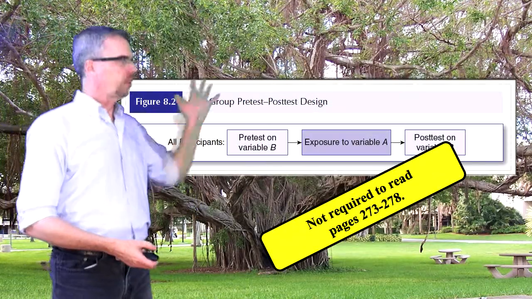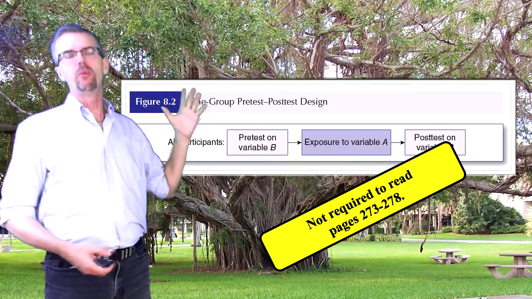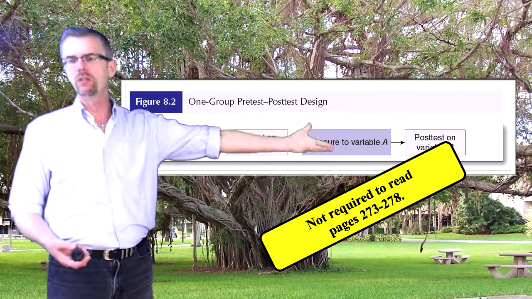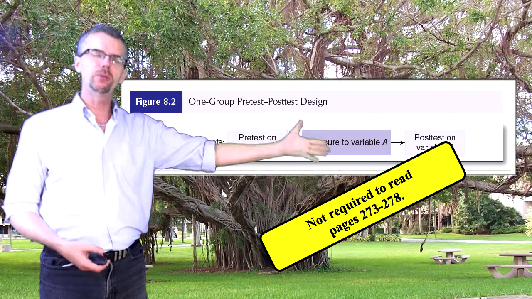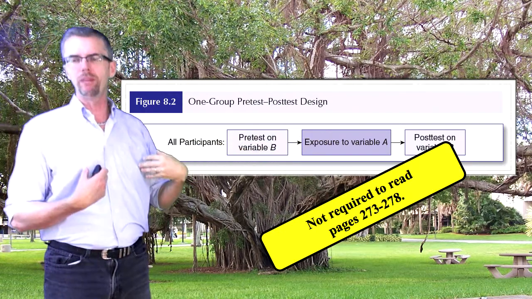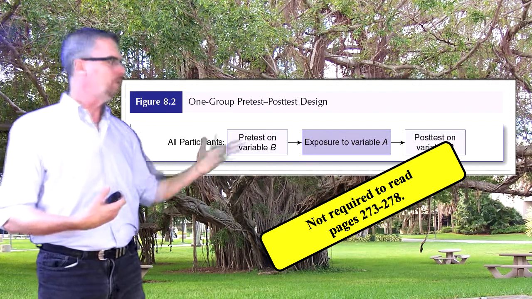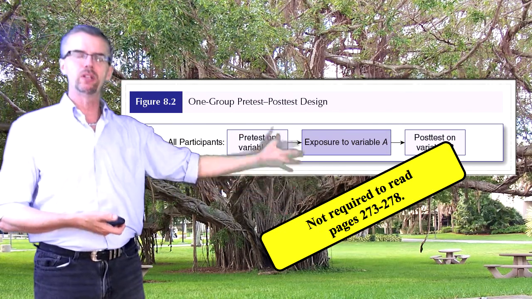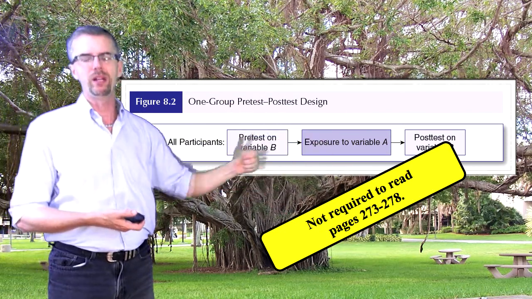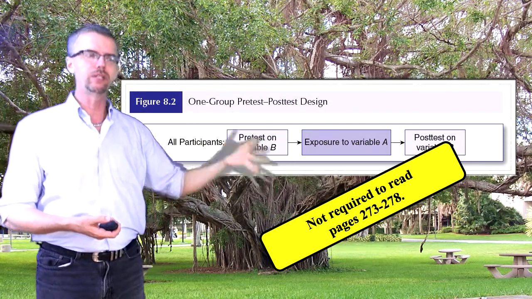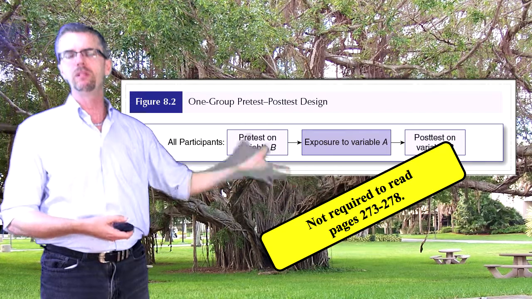This is where we get to a section of the textbook, and you're going to see this a lot more now in my videos, and I'm going to mark off pages that you don't need to read. When I say you don't need to read them, you don't need to read them as part of this curriculum and part of the syllabus. But you may want to read them because of something that you do at work or in your career. So don't not read them, just scan through them really quickly for something that may be of benefit to you.